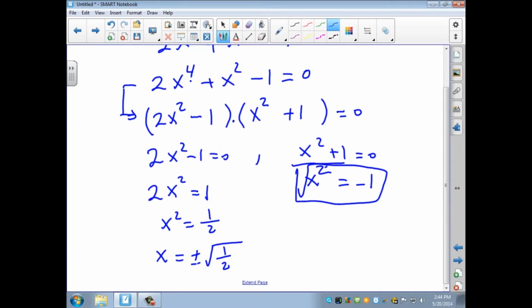So you don't get any answer from here. Therefore, the answer to this problem, two answers, would be h equals plus or minus square root of 1/2.